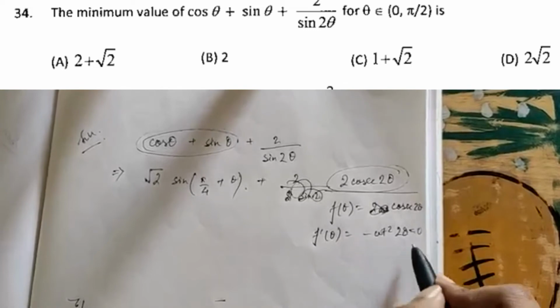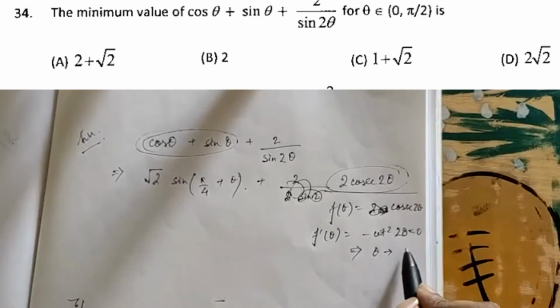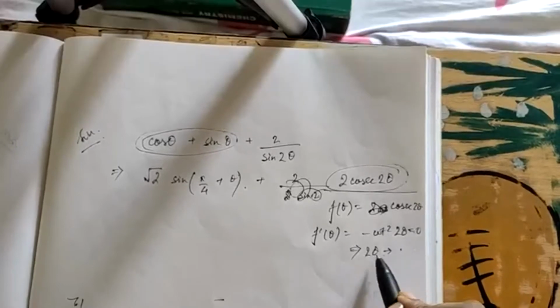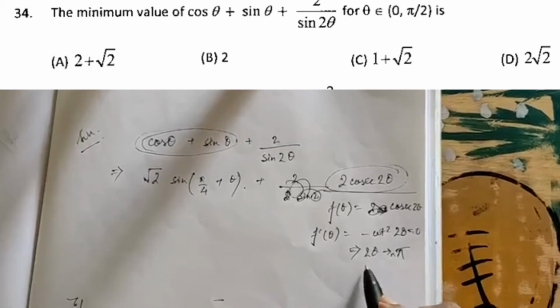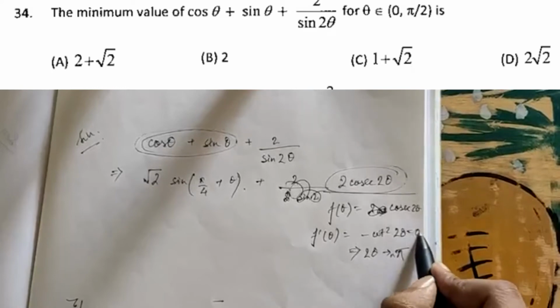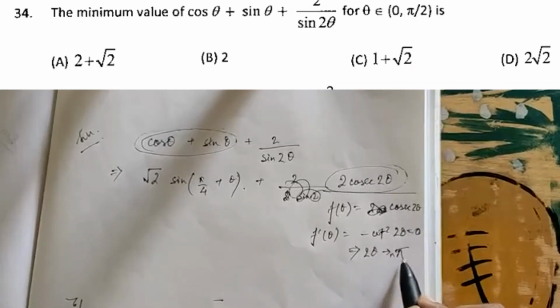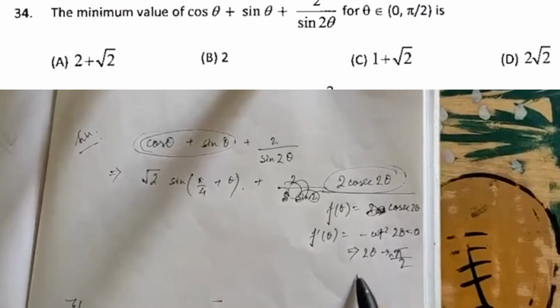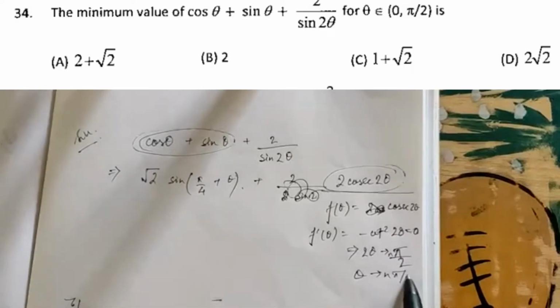If I equate this to 0, I will get 2 theta as equal to pi, or integral multiple of pi. Oh no, sorry, it's cot, then 2 theta has to be an integral multiple of pi by 2. So in that case, theta will be an integral multiple of pi by 4.